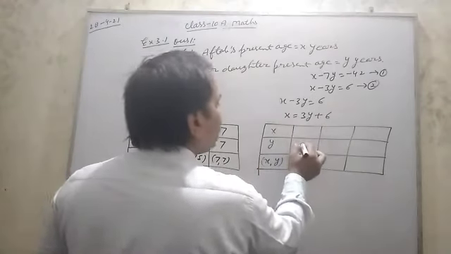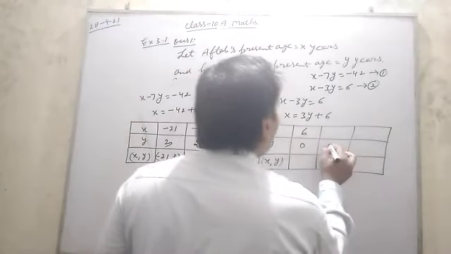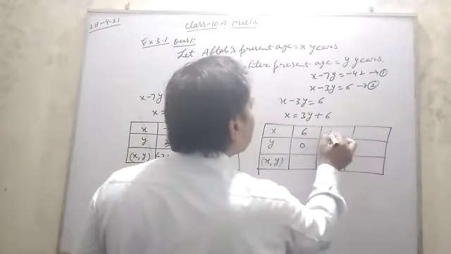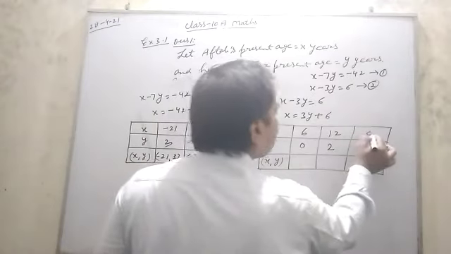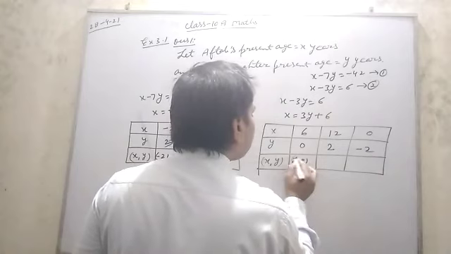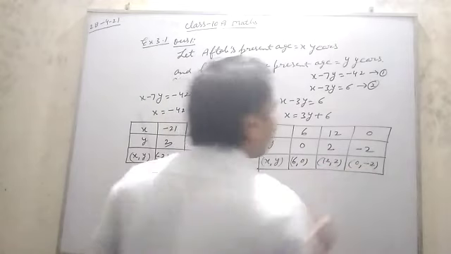So here y take 0, then x will be 6. Okay, y take 2, so 6 plus 6, 12. y minus 2, so minus 6 plus 6, 0. Means 6 comma 0, 12 comma 2, 0 comma minus 2.